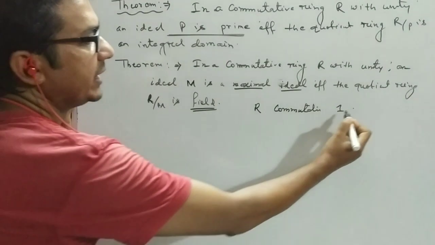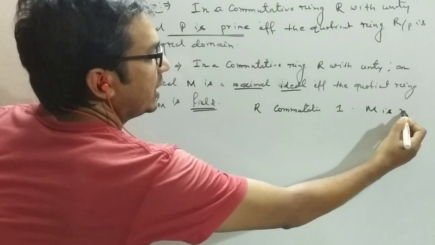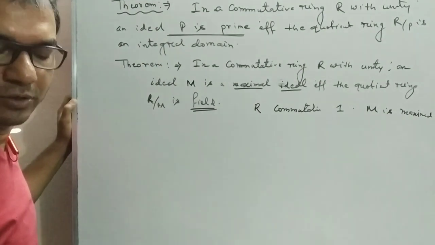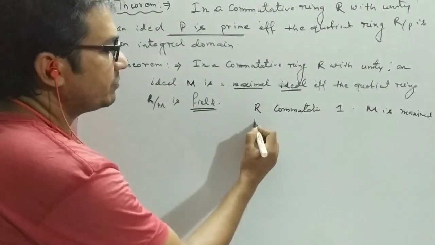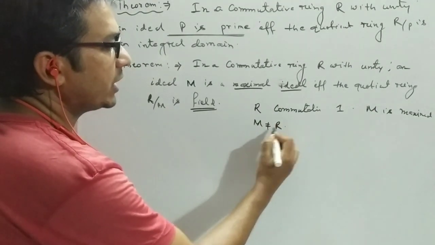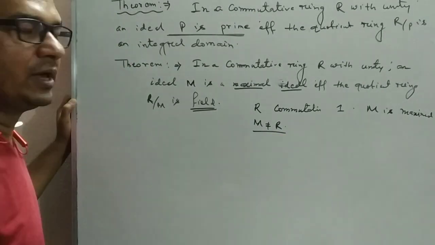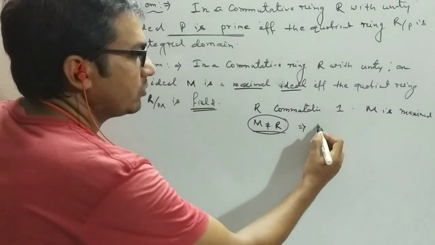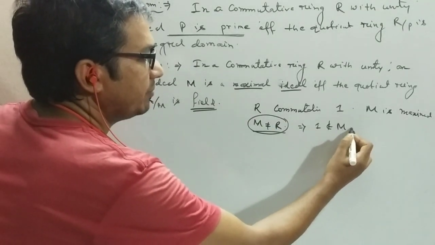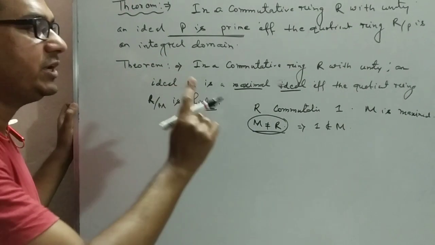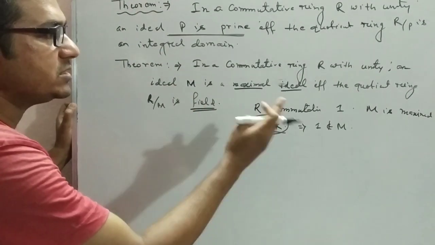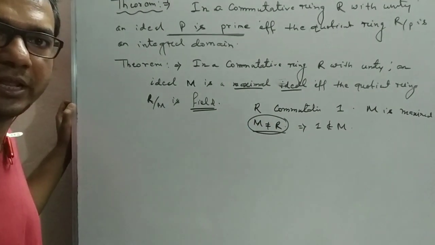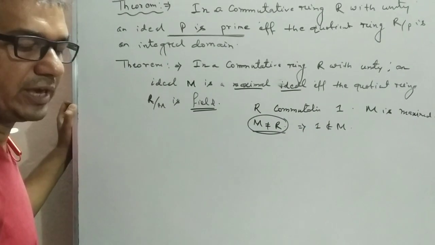And since M is a maximal ideal, M must not equal R. Since M does not equal R, this implies 1 does not belong to M, because we know that if the unity element belongs to the ideal, then the ideal is improper. But here the ideal is proper, since maximal means proper ideal. So 1 does not belong to M.